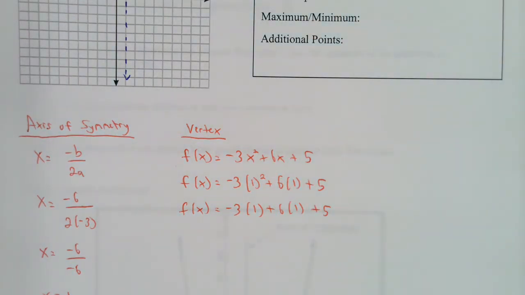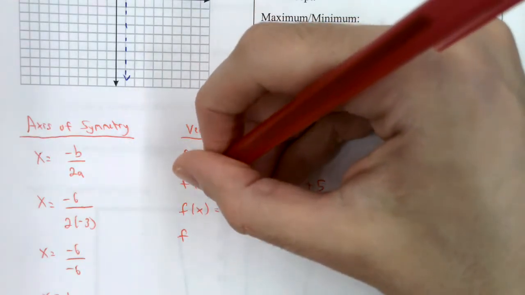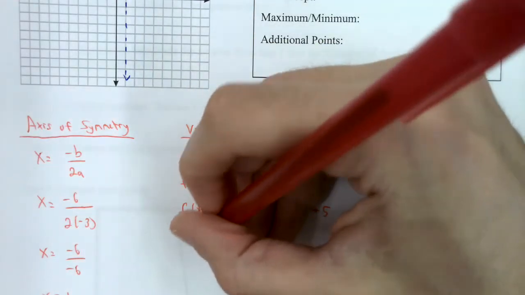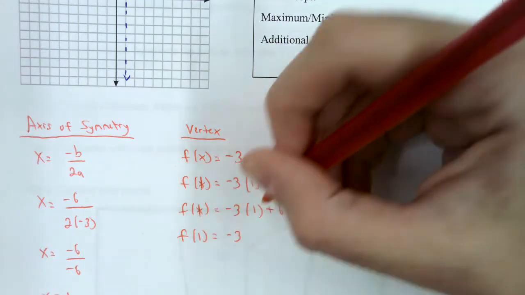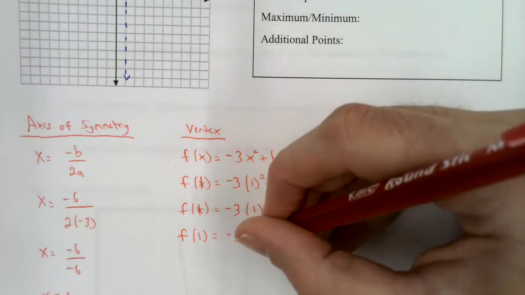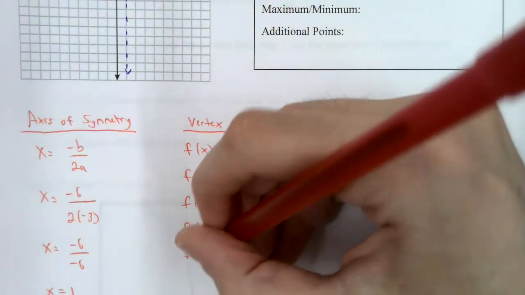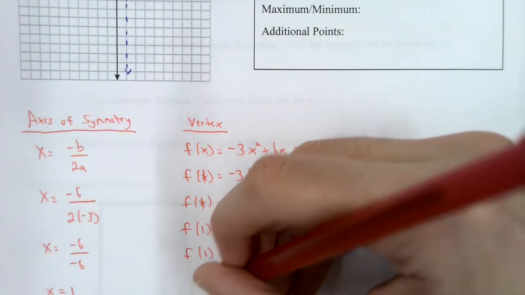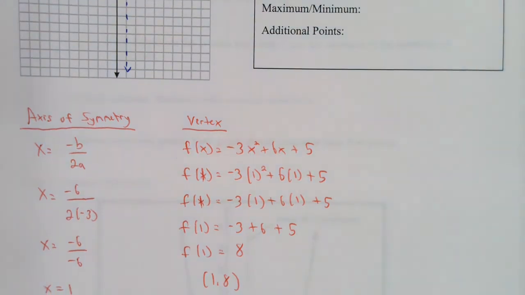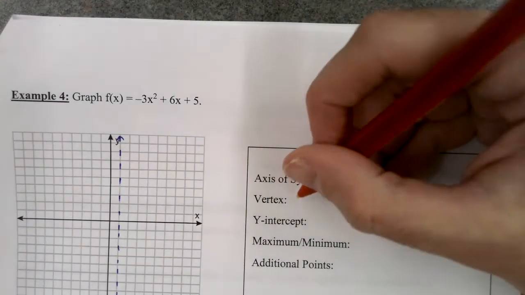So it's negative 3 plus 6 plus 5. I guess I can put f of 1 in each step. So negative 3 times 1 is negative 3 plus 6 plus 5. That gives me 8. So again, my vertex is (1, 8). Label that and graph it.